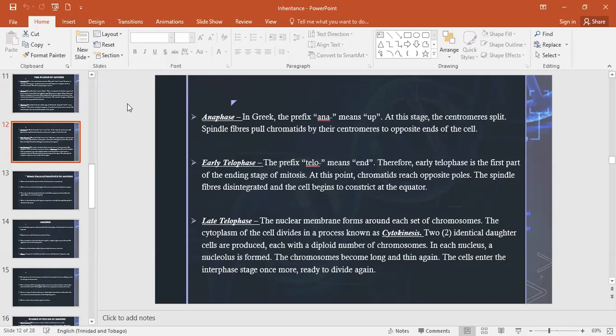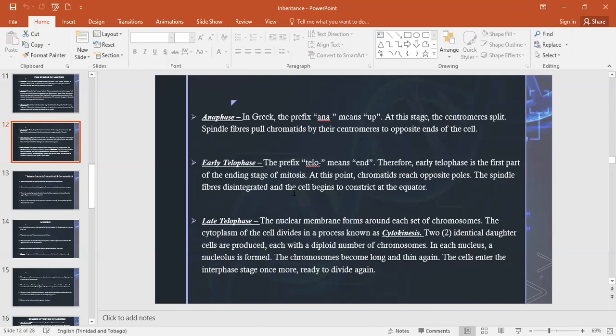So this is where the chromosomes will split apart and they will go to opposite ends of the cell. That could only happen after metaphase. So after they line up, they split, and that happens in anaphase.